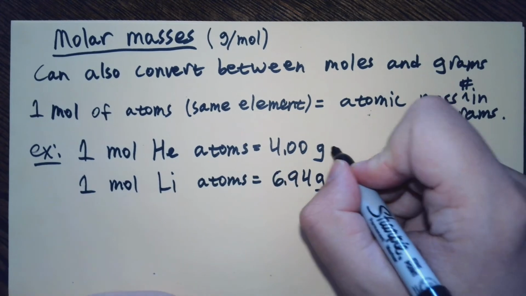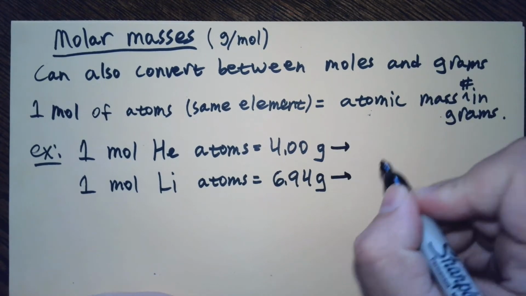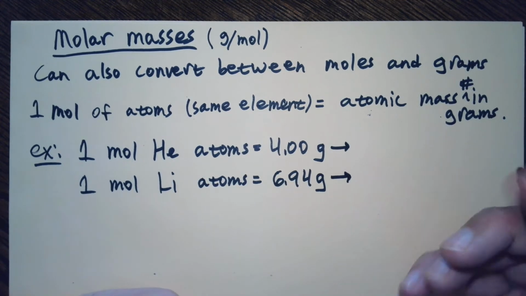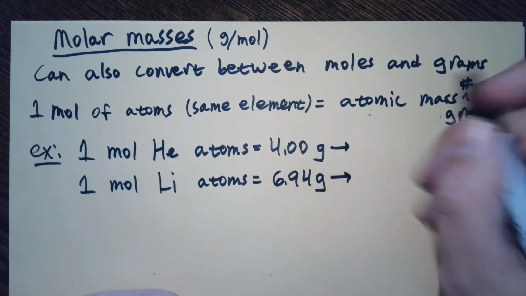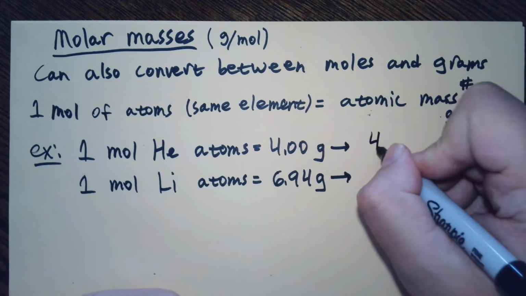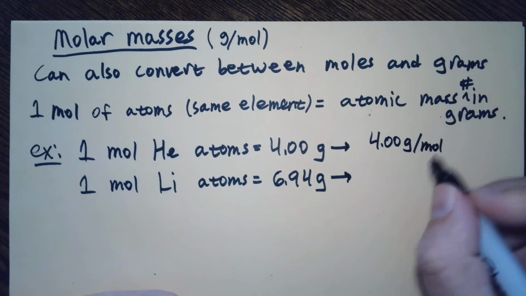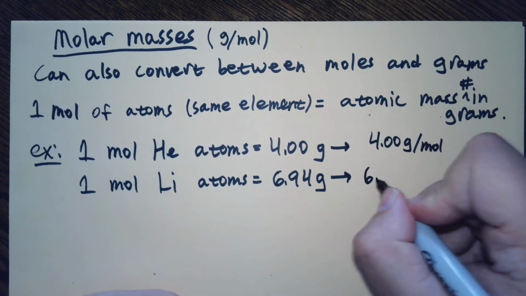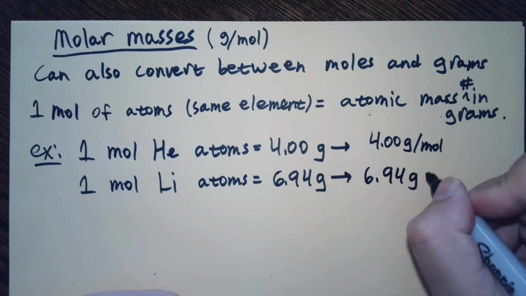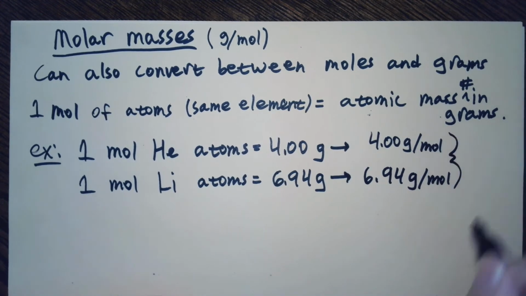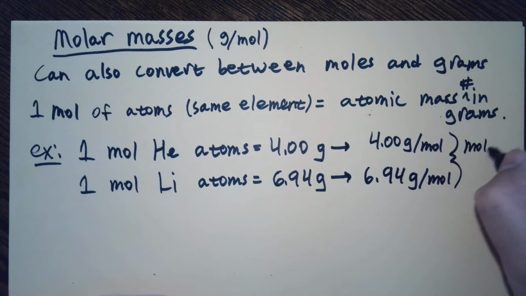So guess what I can do with this information? I can set up conversion factors. There's 4.00 grams per mole of helium atoms. There is 6.94 grams per mole of lithium atoms. These are the molar masses.